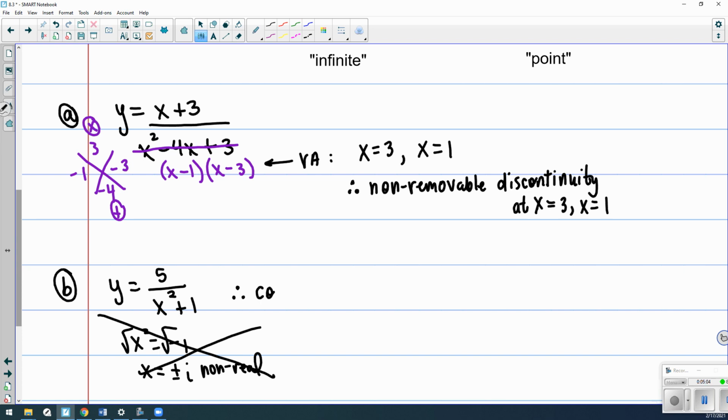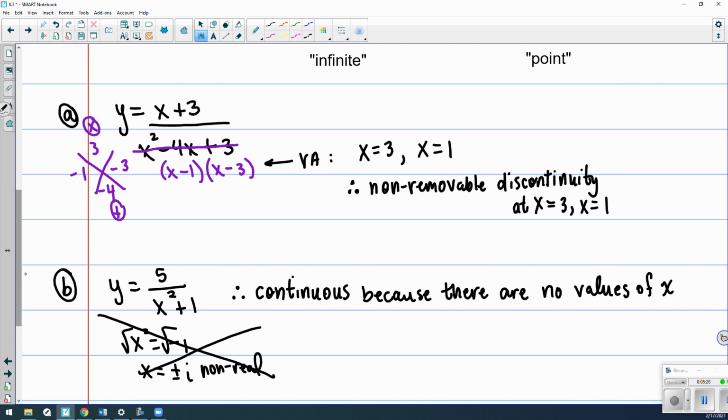This function is continuous because there are no values of x that make the denominator equal to 0. Because there are no values of x that make something over 0.